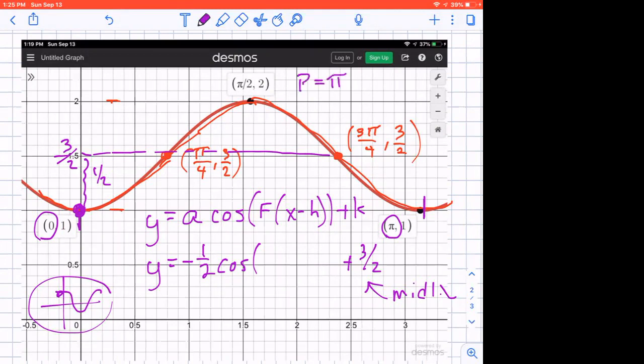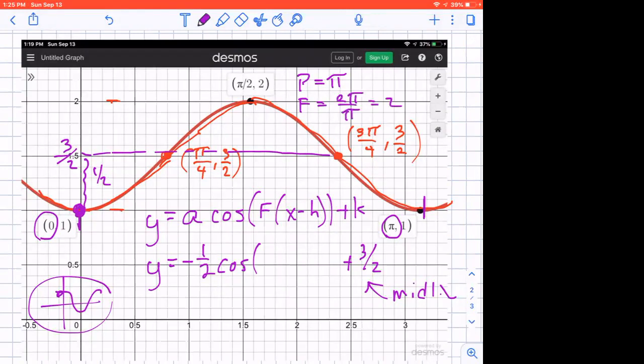If the period is equal to pi, there's 2 of those in the distance of 2 pi. 2 pi is your basis for your frequency. So there's 2 full periods in the regular period of 2 pi, so the frequency is going to be 2. We can do frequency equals 2 pi divided by period, and that of course equals 2.